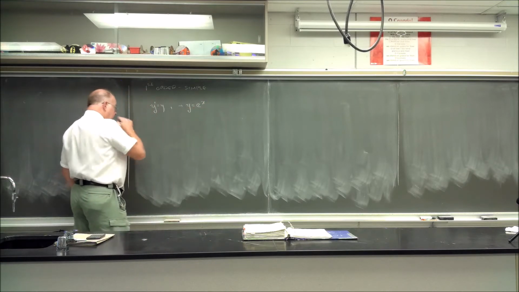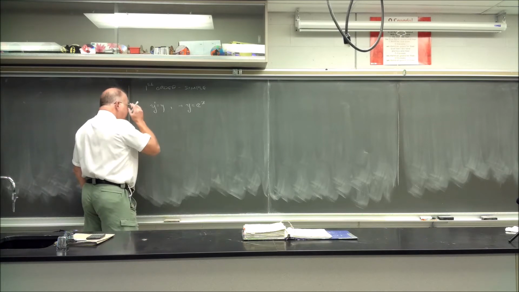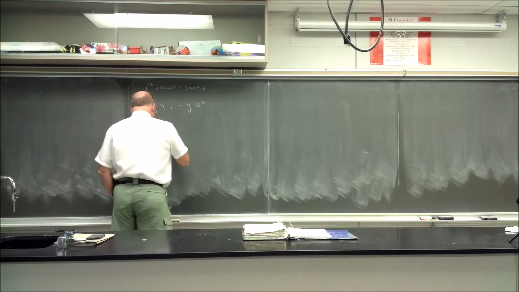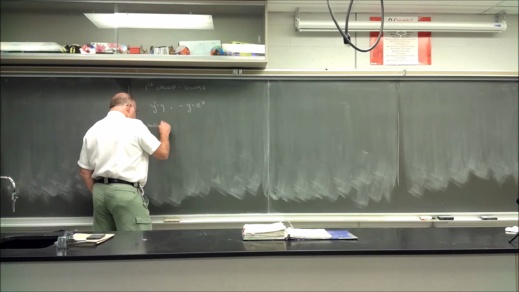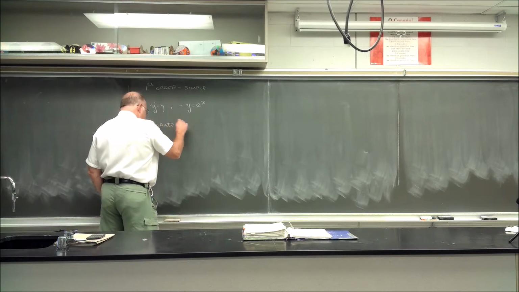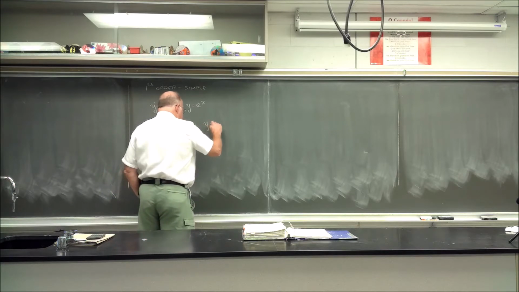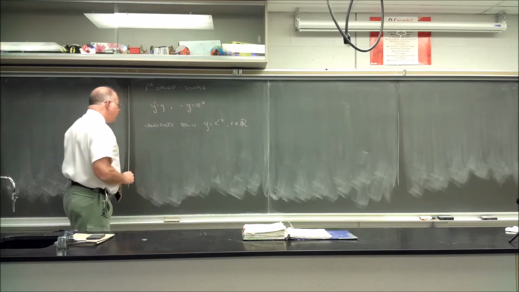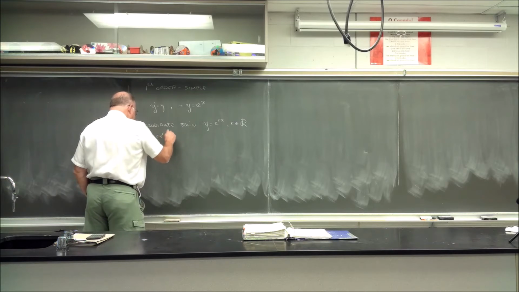If you have other situations, you might have, for example, let's say a candidate solution would be y is equal to e to the rx, where r is real. Then y prime is going to be r e to the rx.